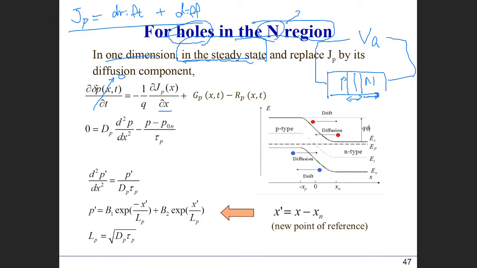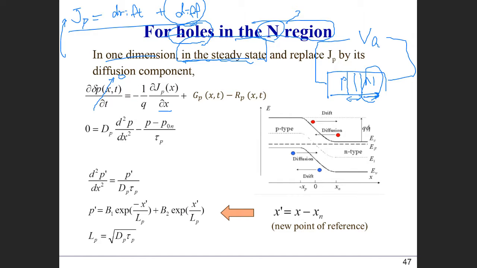For this case, as you discussed in the previous slide, when you look at the current, now this N region in here, the total current is effectively coming from the diffusion current.